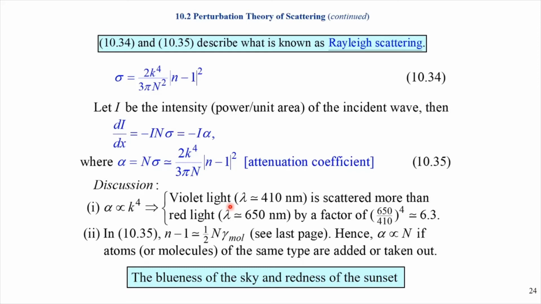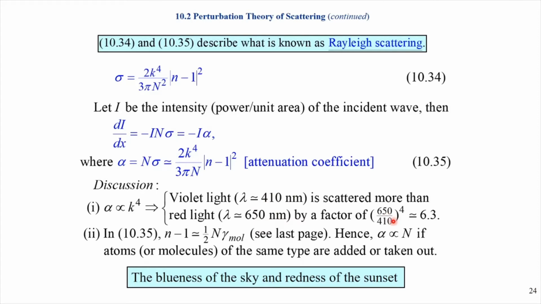From this viewpoint, for the red line, lambda is approximately 650 nanometers. For the violet line, 410 nanometers.